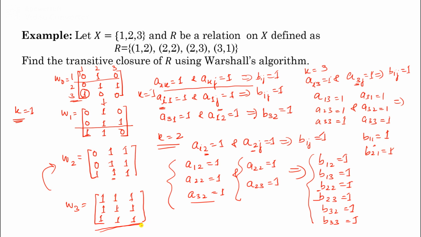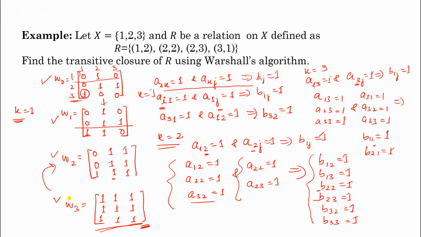So this is the matrix of the transitive closure of R. Here you see all the elements are 1. So in this way you can apply Warshall's algorithm for any given relation. We started with this W0, the relation matrix, and step by step first we calculated W1, then W2 based on W1, then W3 based on W2.